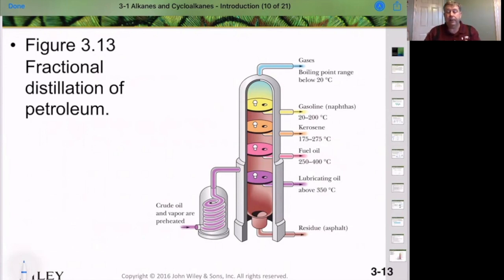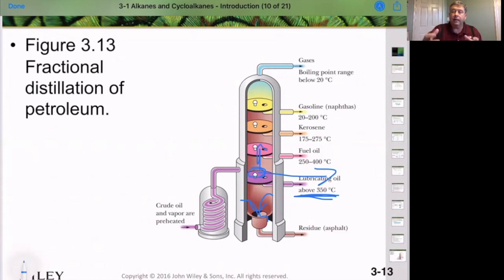So if you have something and you inject it into the middle, the parts that boil at a certain level, for example here, things that boil at 350, the things that boil above that are actually down below here and are residues, and they don't continue up the column.